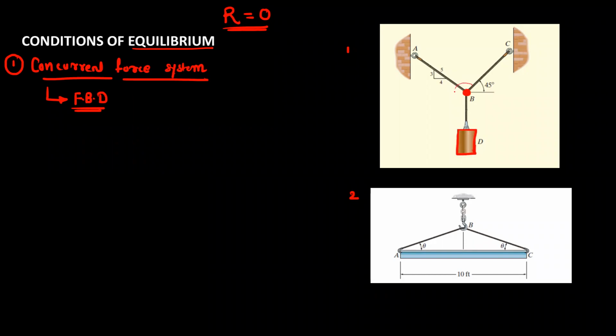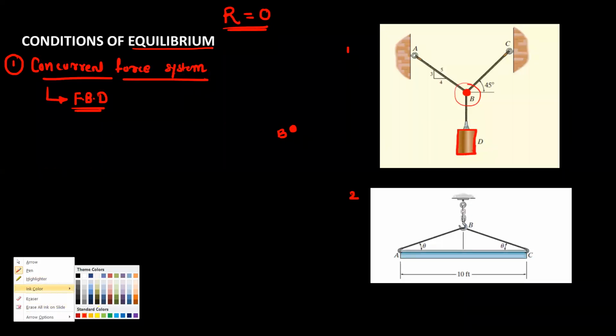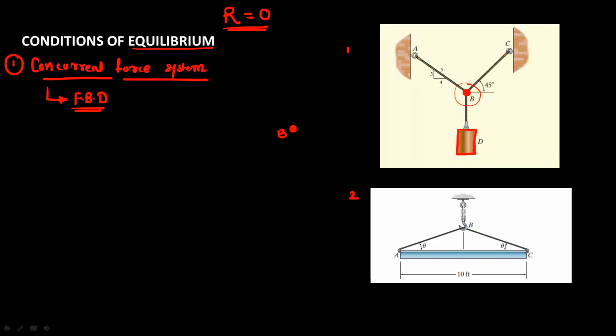So for the force analysis, you will isolate this point B. Just draw the point B. And then the cable BC means there is one tension force, so let us take this tension BC.